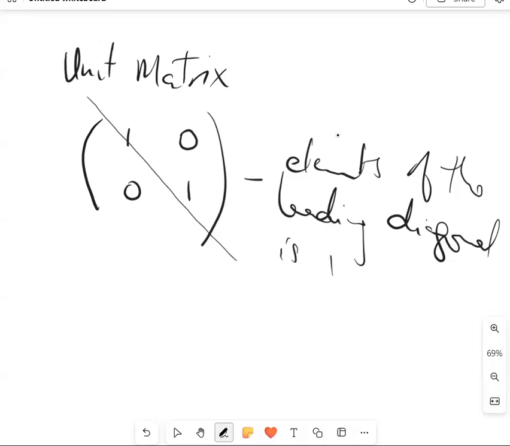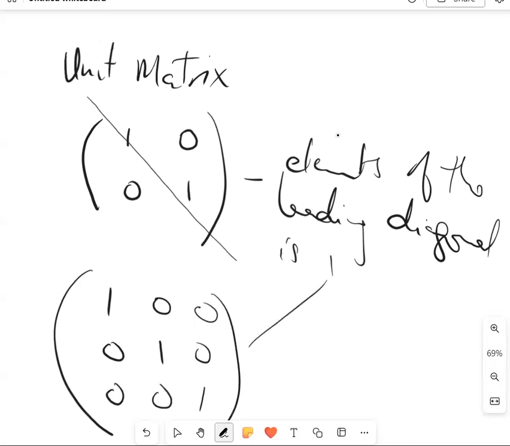Right? You can have a 3 by 3, you can have a 4 by 4, and so on. Both are unit matrices, right? This is a 2 by 2 unit matrix. This is a 3 by 3 unit matrix. Notice, this is what you call the leading diagonal, right?